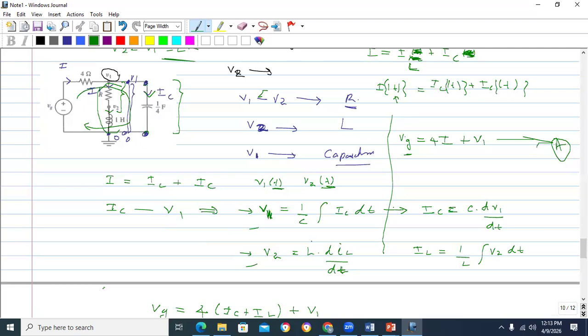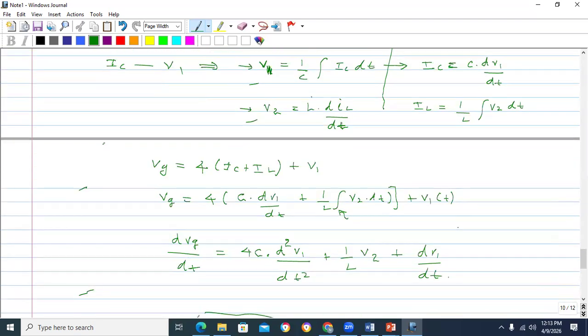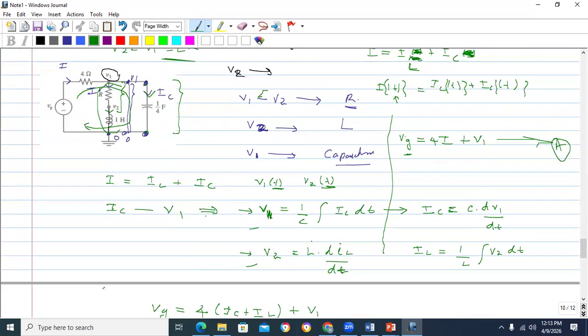So can you suggest a way to remove this V2? Definitely you need to remove this V2. Are there any direct ways to remove this V2?